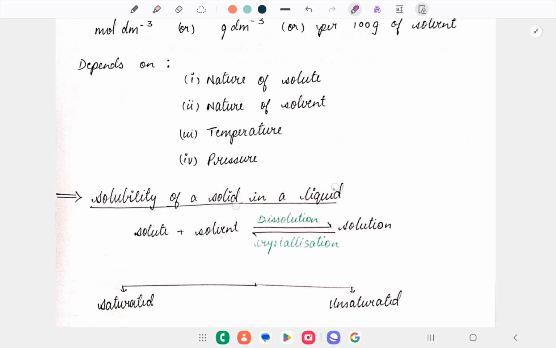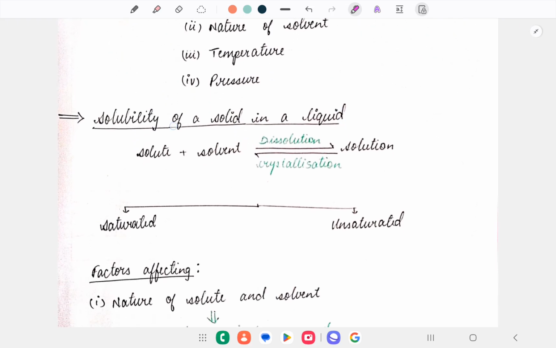Now we will study the solubility of a solid in a liquid. Usually when a solute is mixed in a solvent, the solubility is good if the intermolecular interactions are similar in the two.